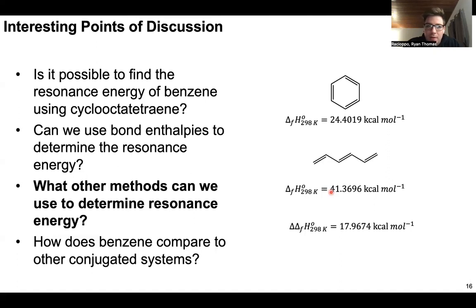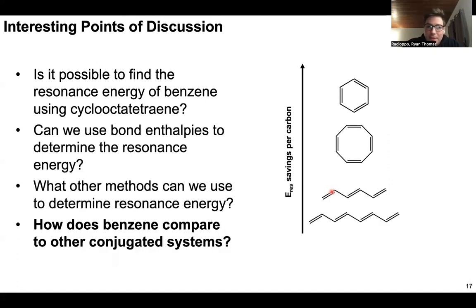attributes to its stability. And finally, we can see that the cyclic nature of this comes into play because we're seeing that these two molecules here, just increasing chain length, have about the same resonance energy. These actually should be located next to each other, whereas this cyclooctatetraene is just a bullet, and benzene's all the way at the top.